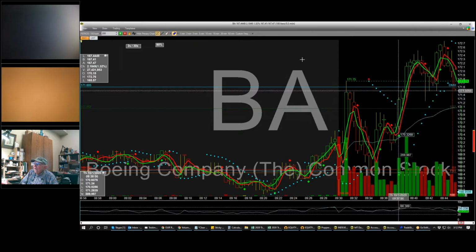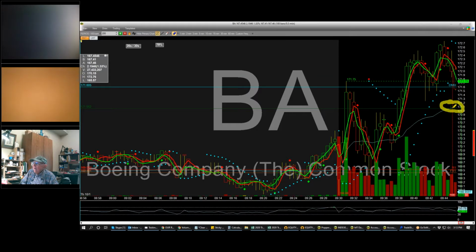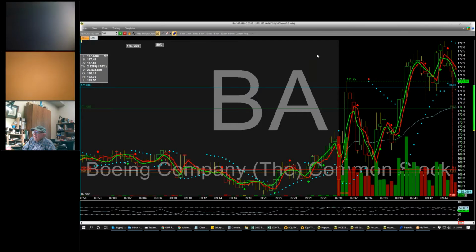So this was confluence. Let me circle this so you can see right here. There was confluence of VWAP and the Fibonacci resistance point. So this gave me a target.